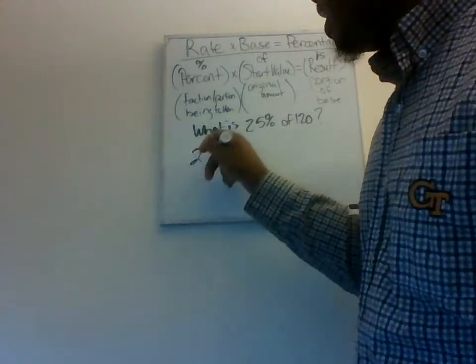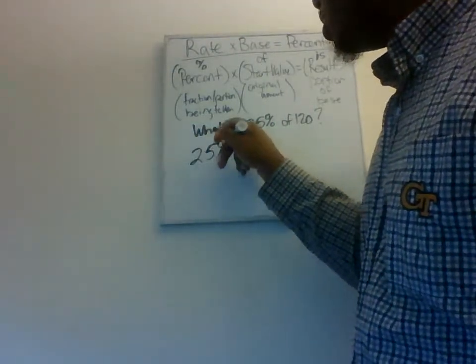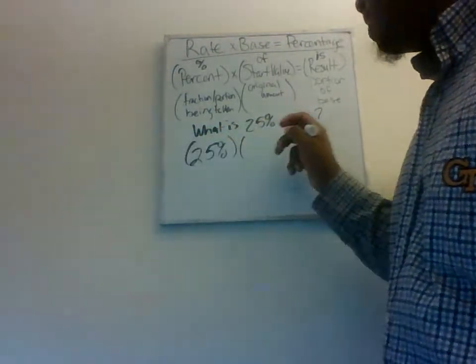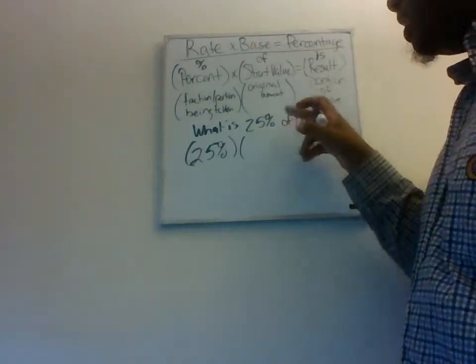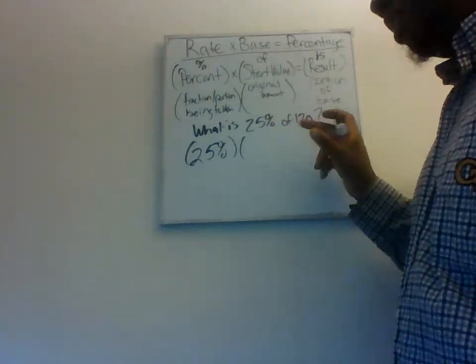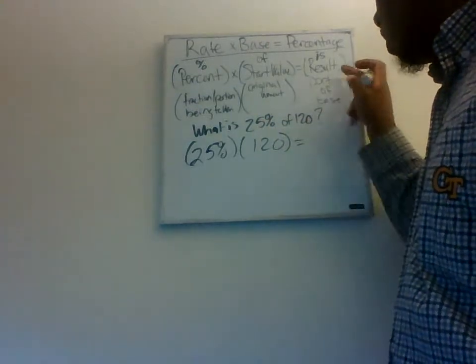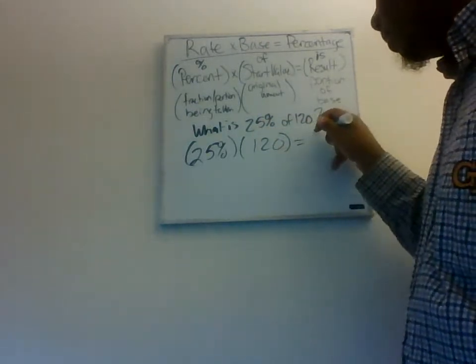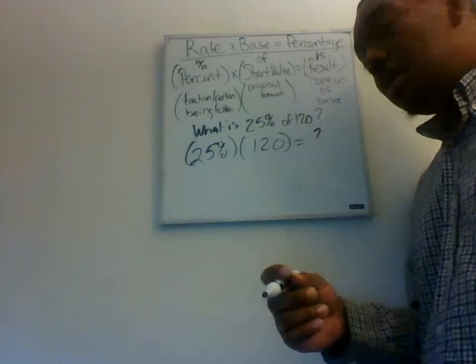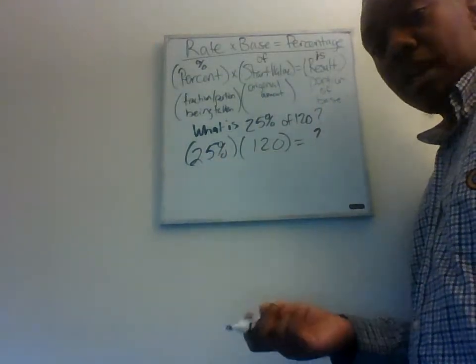So I would have 25% times whatever the base is. Well, the base coming after the word "of," our starting value, is 120. And I just need to find out what is the result.